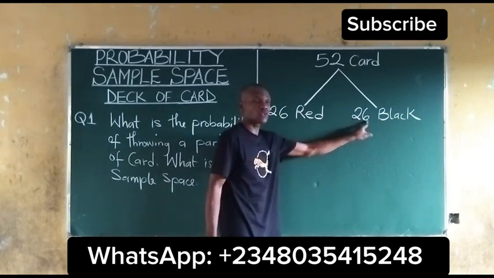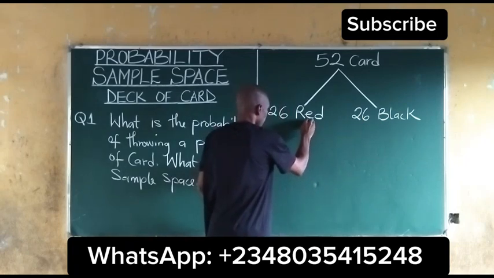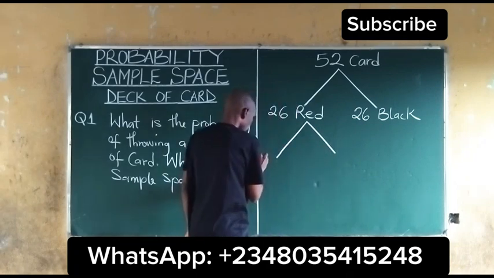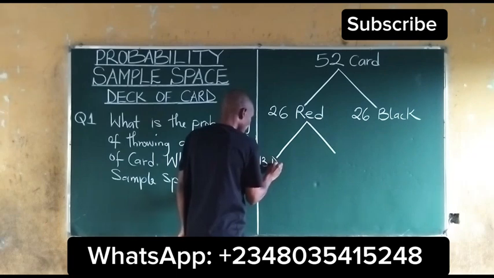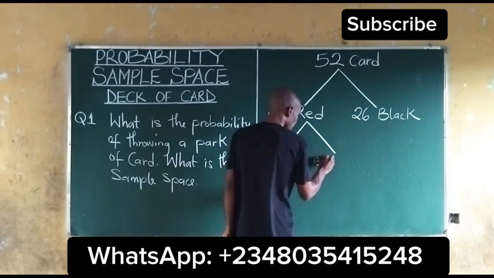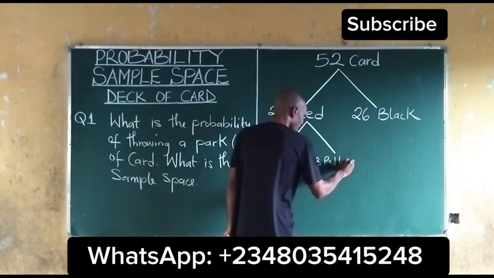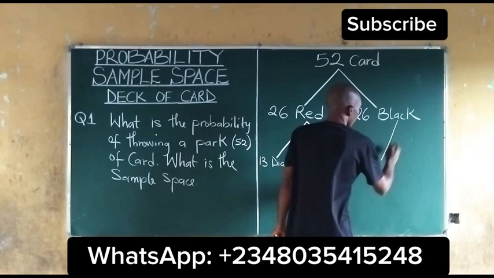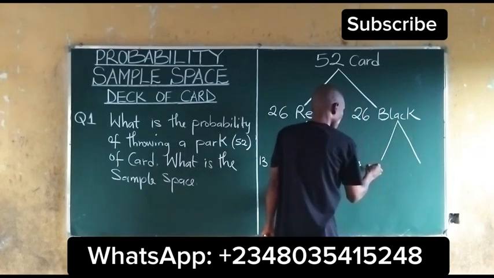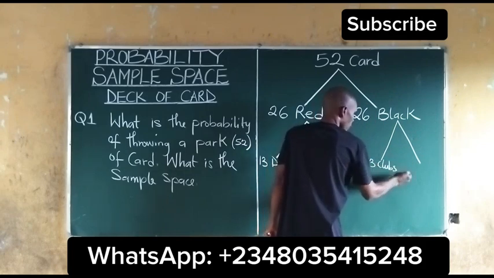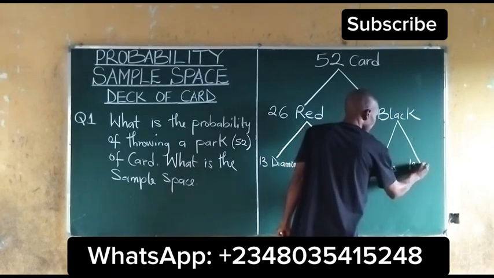Inside this 26 red and 26 black, we have 13 diamond. We also have 13 red hearts. We have 13 clubs, and we have 13 spades.